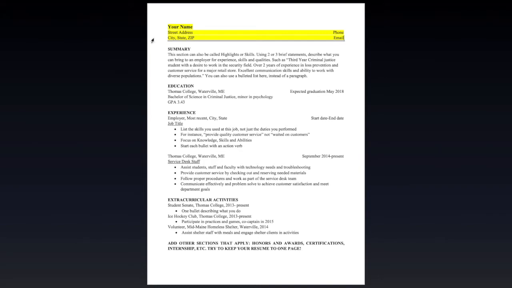Now, some of you might have been taught to do your heading in a slightly different way, where your name is in the middle at the top, and then you've got your street address below it, and then underneath that is your phone number, and below that is your email. That is called the pancake. And you don't want to do the pancake because it's seen as old-fashioned and it can be an age marker.